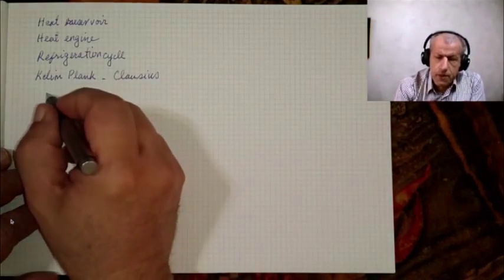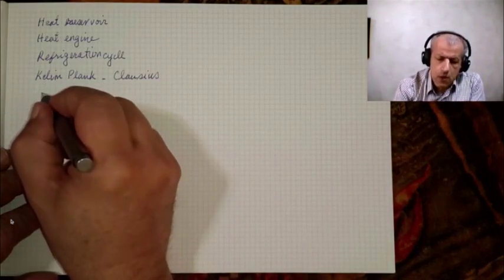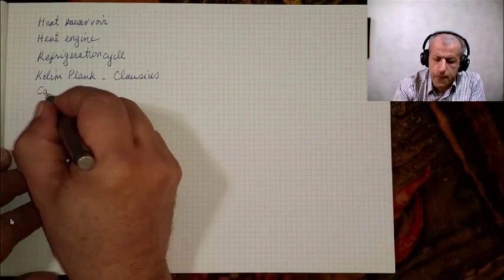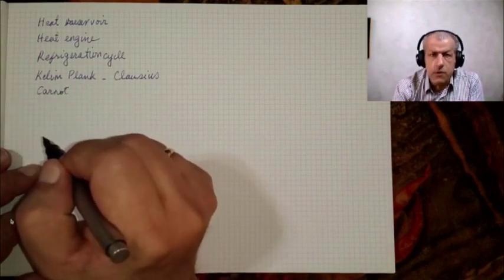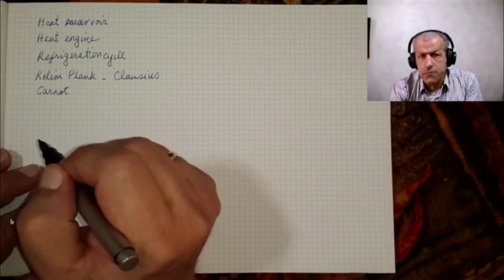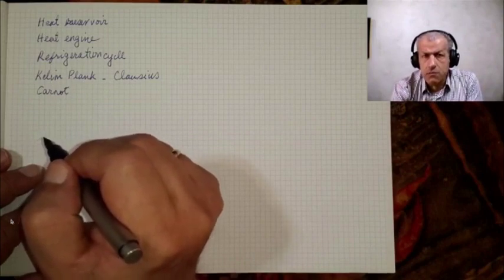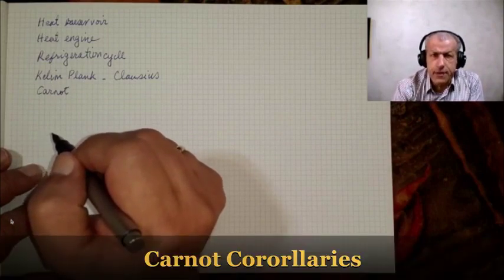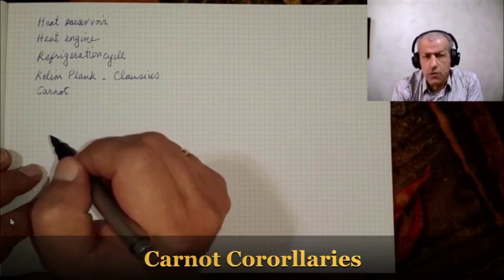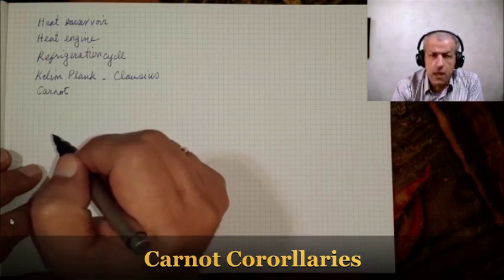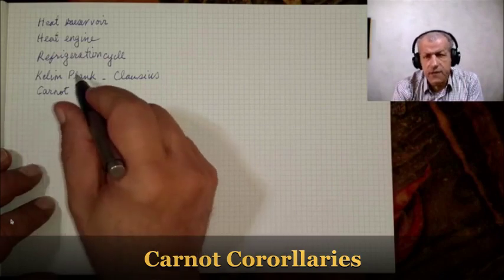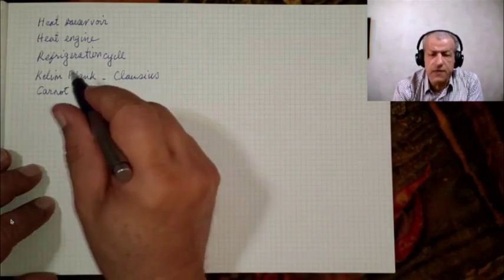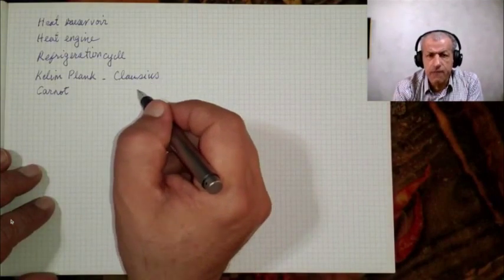Then we continue with Carnot, and we present two Carnot statements and then prove that the two Carnot statements are equivalent. And then we prove that if they are equivalent, any of these things, they are equivalent with any of these two statements.